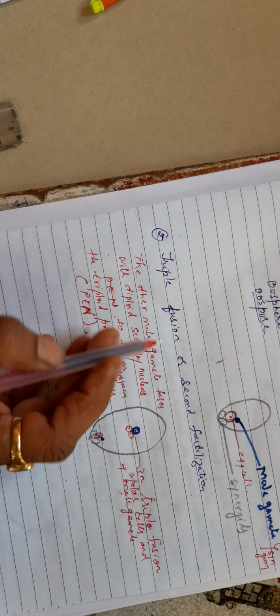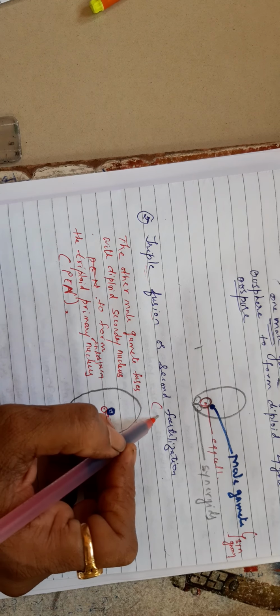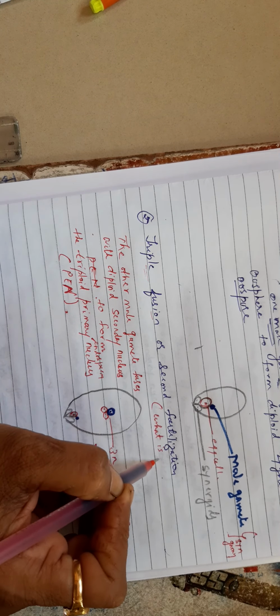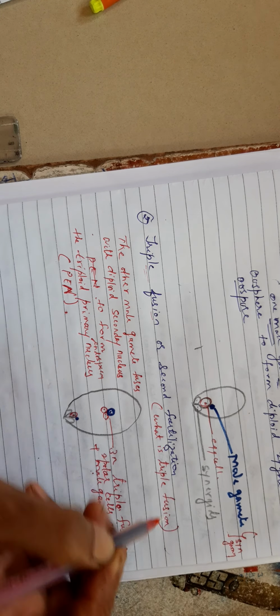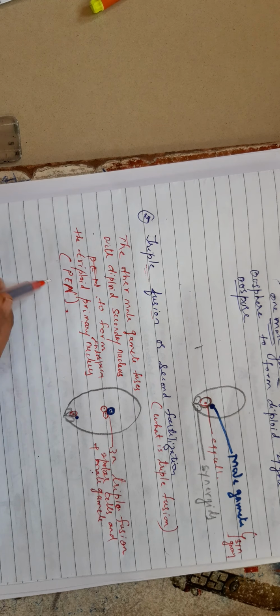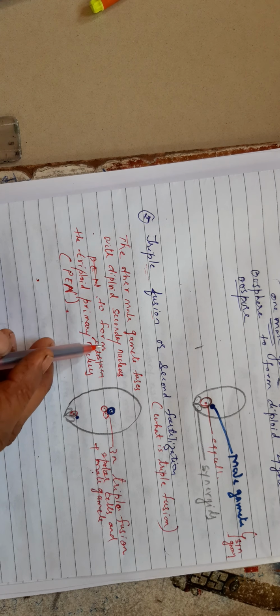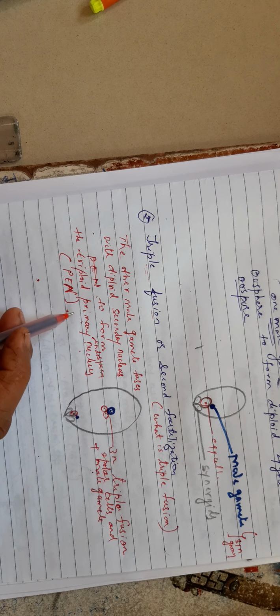So this is called triple fusion. What is triple fusion? Here the question may be asked. So triple fusion is between the diploid secondary nucleus plus one male gamete, which forms the triploid nucleus. So here the second fertilization is completed.